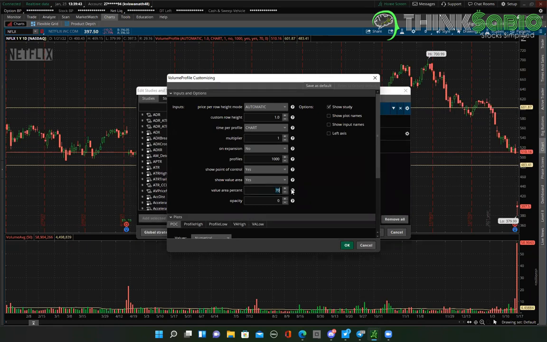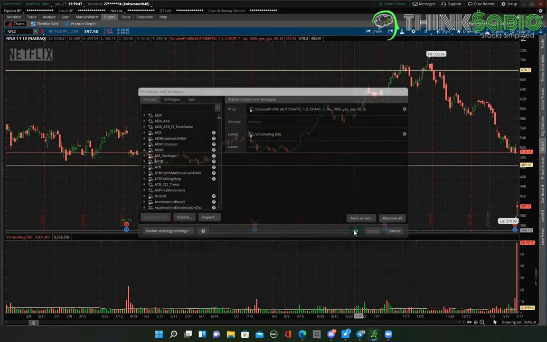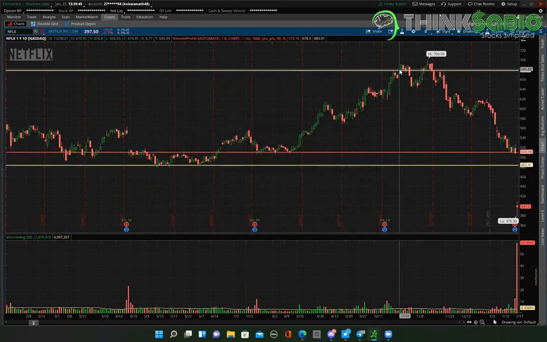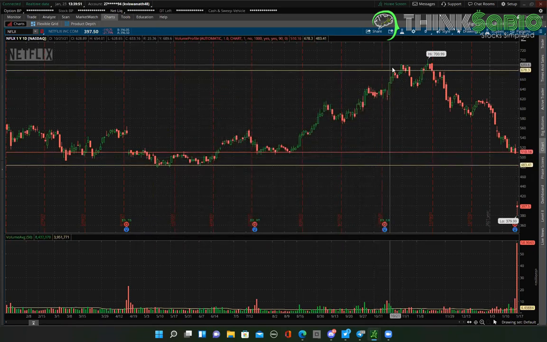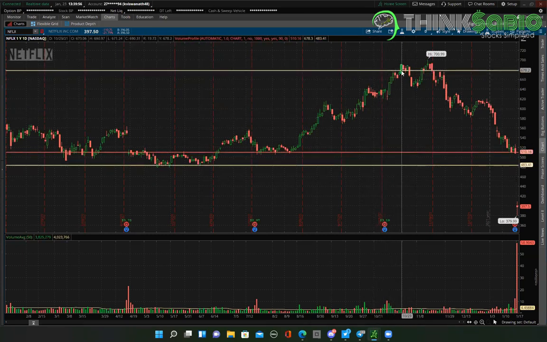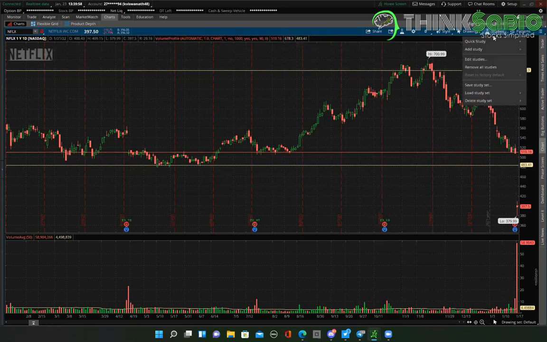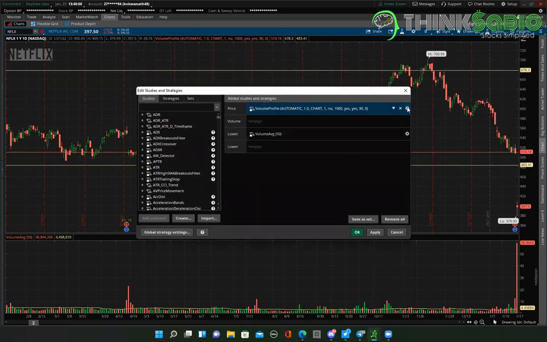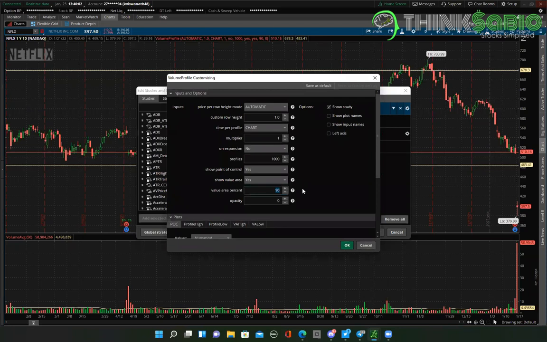Now, if you want the value percent from 70% to 90% per se, you can change it. So it will basically show you the high and low with 90%, where 90% of the volume is. This is where 10% of the volume is, which you can use if you want to play the breakout on 90s.